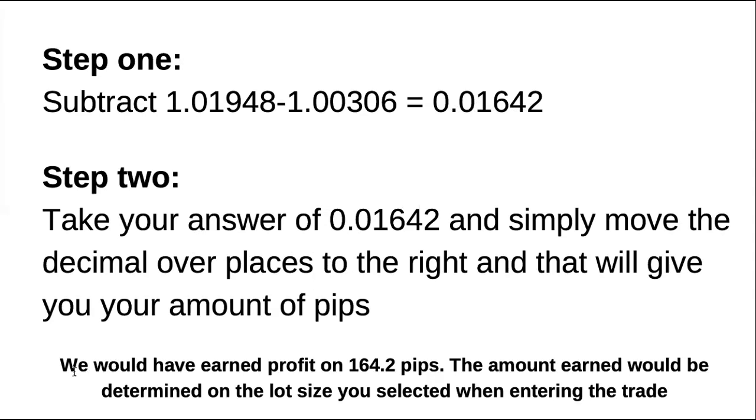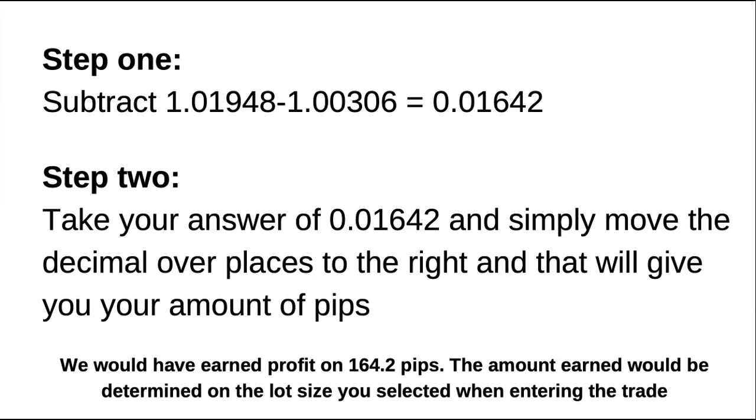So in this case, with that move, we would have earned 164.2 pips. The amount earned would be determined based on your lot size that you selected when you entered into the trade. So I know you're probably like, okay, am I going to have to do this every time that I enter a trade?